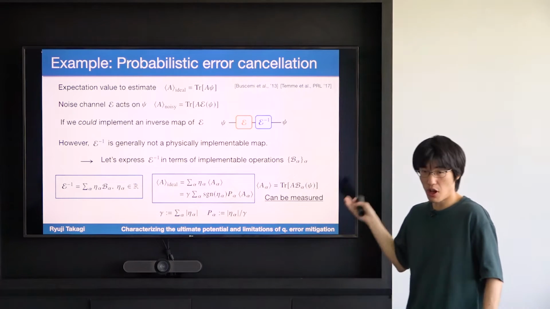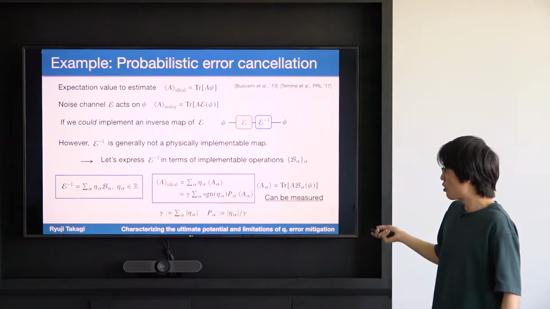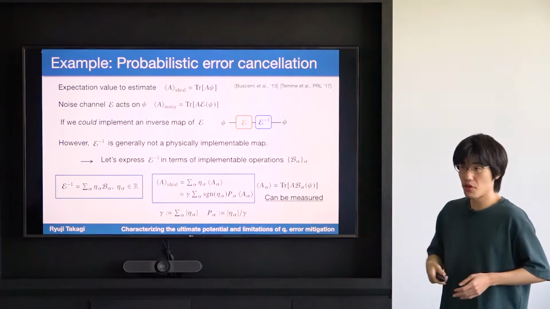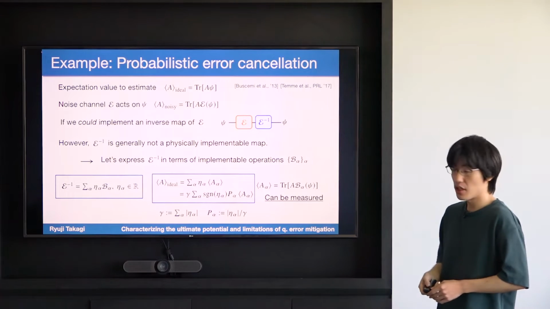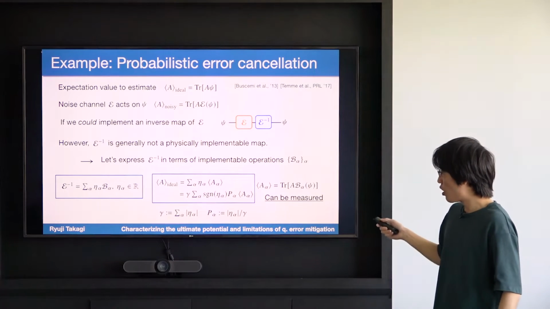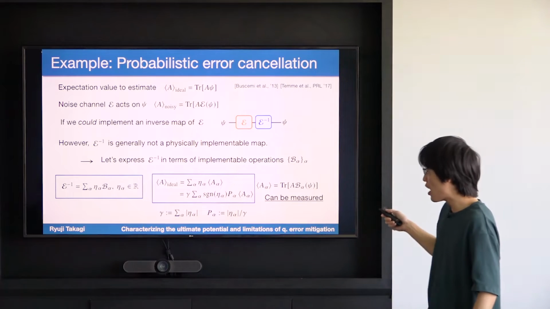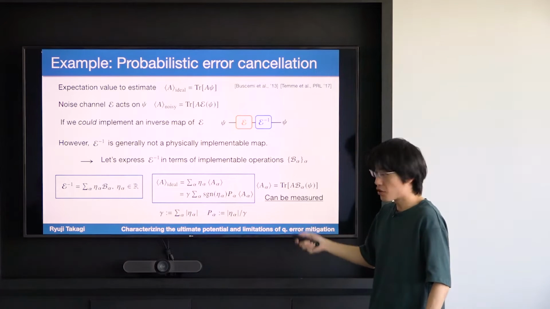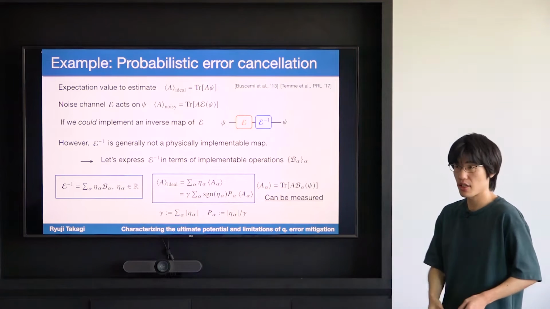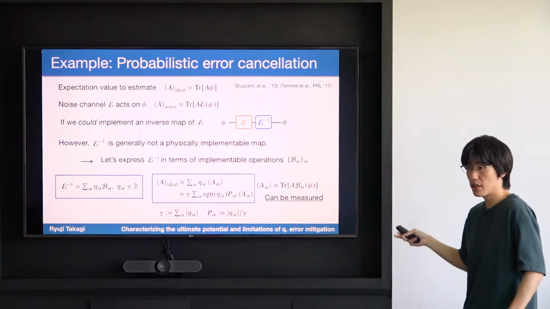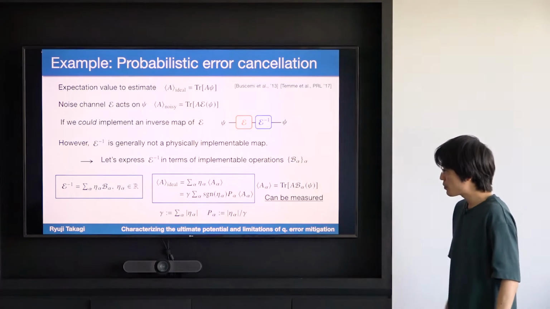For instance, it is not completely positive. So the idea now is to simulate the action of this inverse map, E inverse. To do that, let's express this E inverse in terms of implementable operations on the noisy device. So let's say there could be alpha, some set of operations.